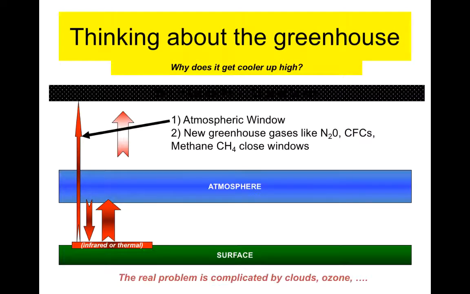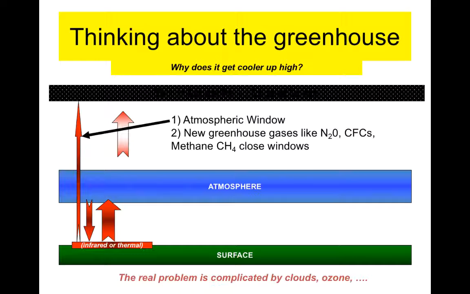If we think about the greenhouse gases and we think about the atmospheric windows, then we start to appreciate that new greenhouse gases like N2O, nitrous oxide, the chlorofluorocarbons, and methane close windows that are presently open. And this is one of the reasons that they have a stronger molecule by molecule effect than, say, additional carbon dioxide.